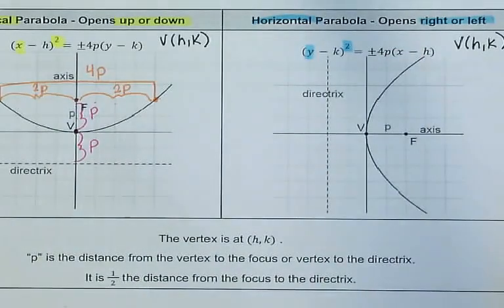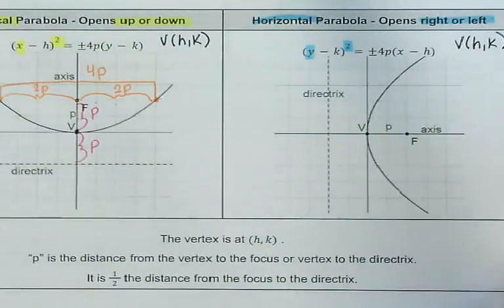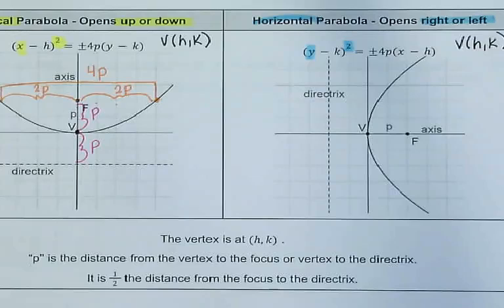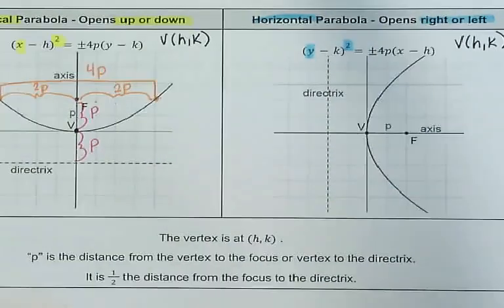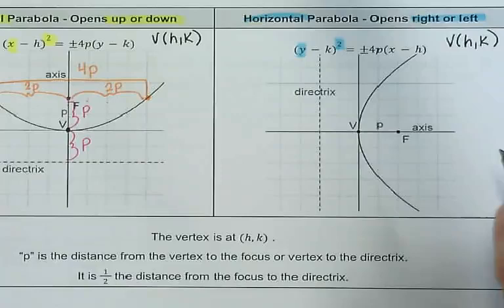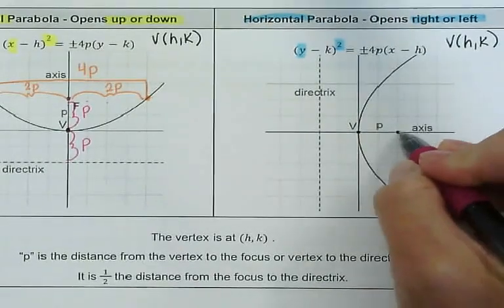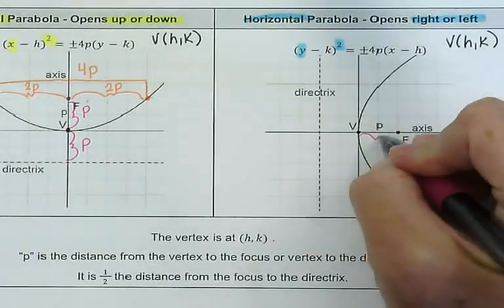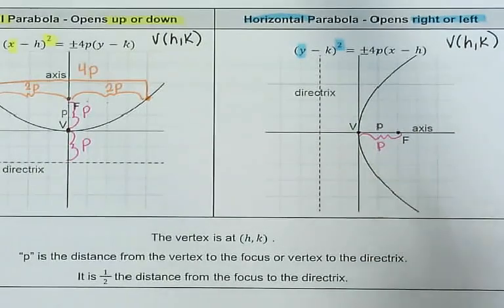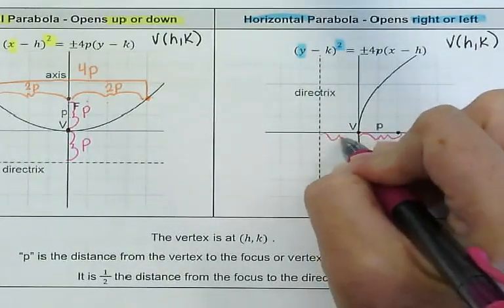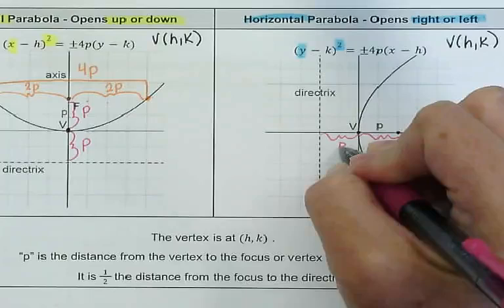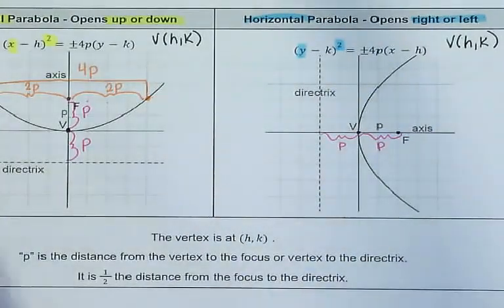That's not going to change, ever. This is the same thing, it's just whether it opens left or right. So from the vertex to the focus, this is still a distance of p. And from the directrix to the vertex is still a distance of p.